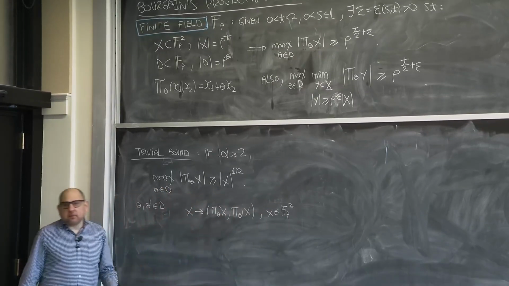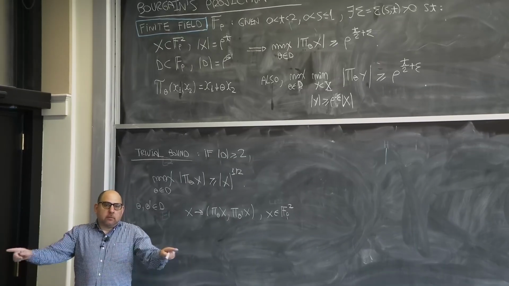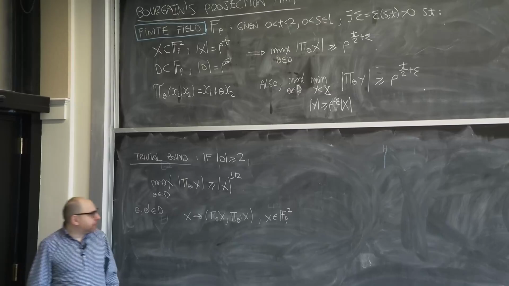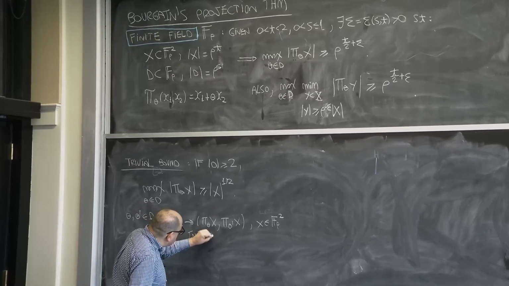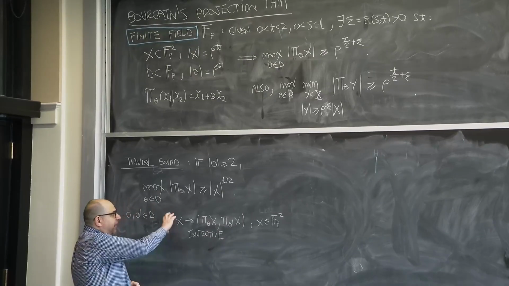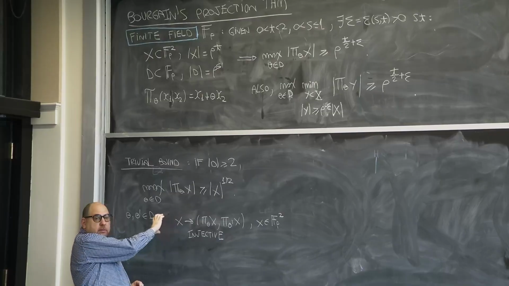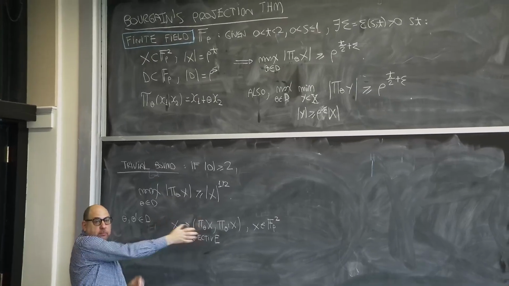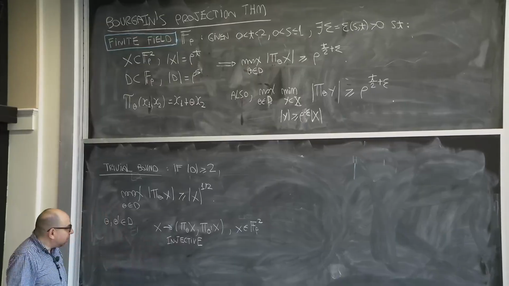This is injective. So we can recover a vector from 2 projections by linear algebra. So this means that the image of x under this map has size at least the domain, because if you have an injective map, the image has the size of the domain.